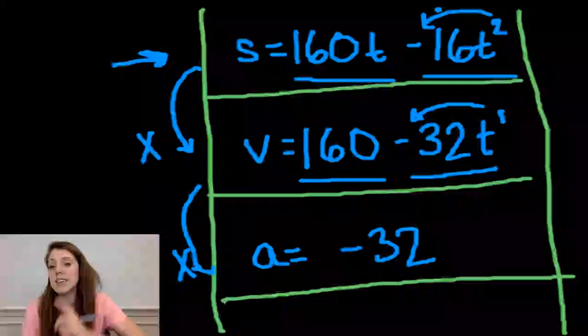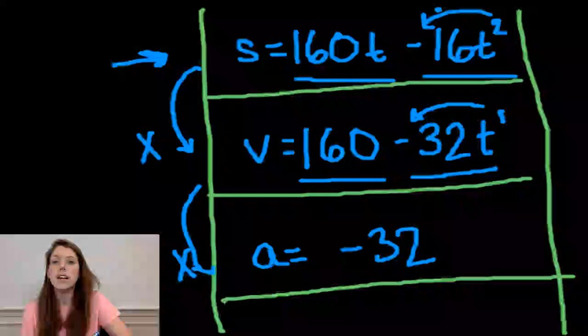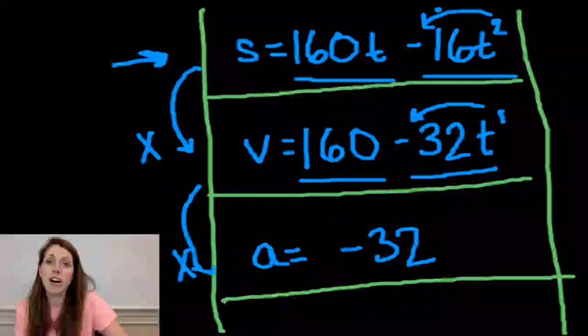Now, if you're wondering, what does it mean that acceleration is just a number? Does it matter that it's not a function? Well, remember that we said right now the only accelerator in our physics problem is gravity. And gravity doesn't change unless you change planets, like totally have to uproot yourself from planet Earth and go somewhere else in order for our acceleration due to gravity to change.